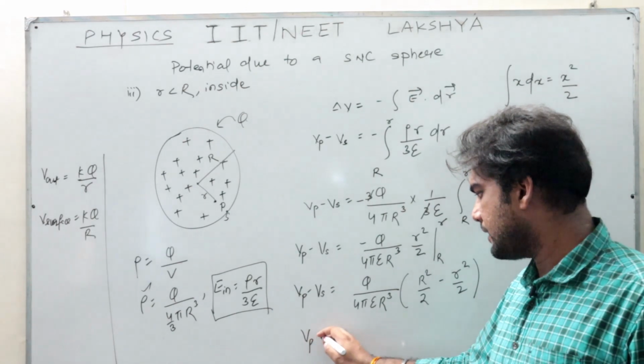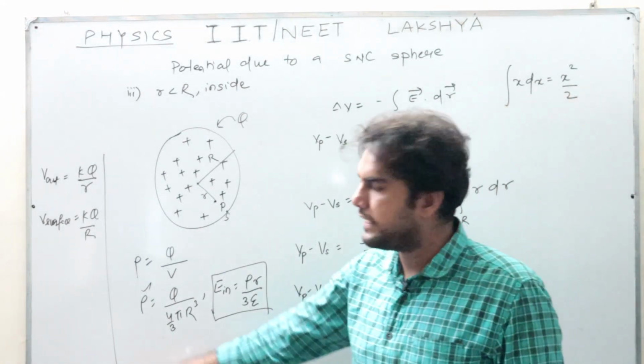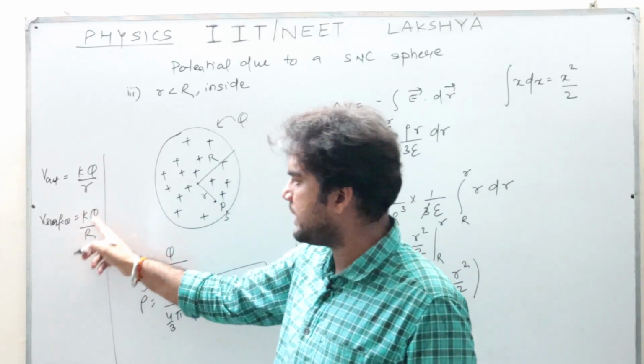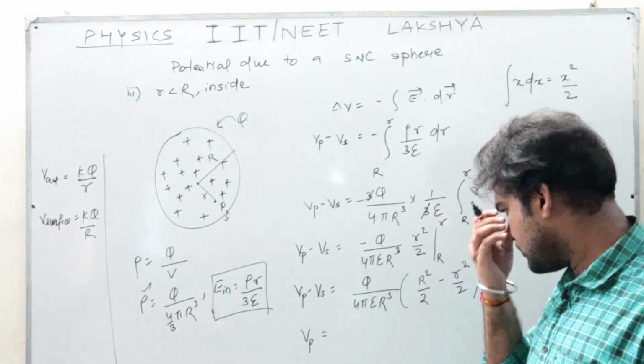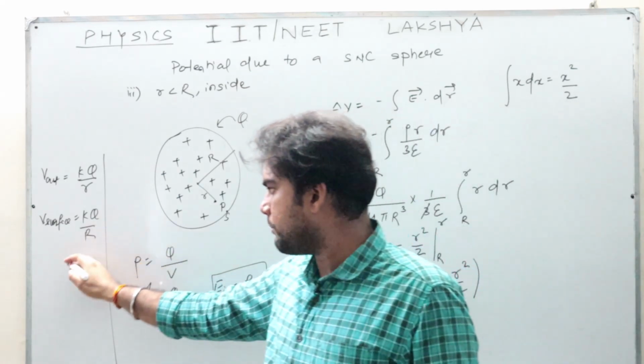Now Vp is equal to this, Vs will come there, and what is the formula for Vs? V surface. V surface is how much? Kq by capital R. So I am substituting that way. K again is what? 1 by 4 pi epsilon.